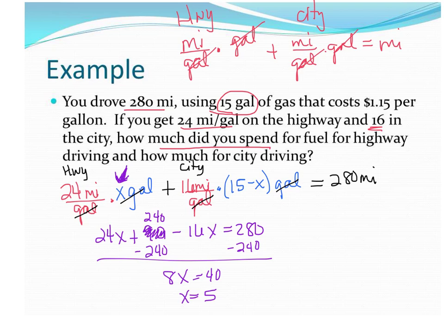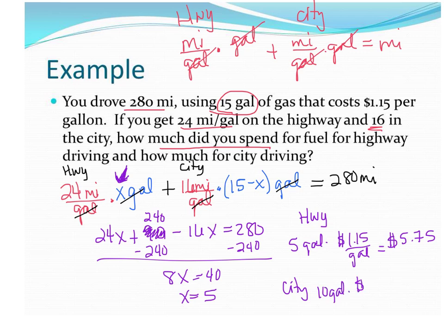Okay, so let's do the highway. It would be 5 gallons times $1.15 per gallon, which is $5.75 on the highway, and so the city would have been 10 gallons times $1.15 per gallon, which comes out to $11.50.